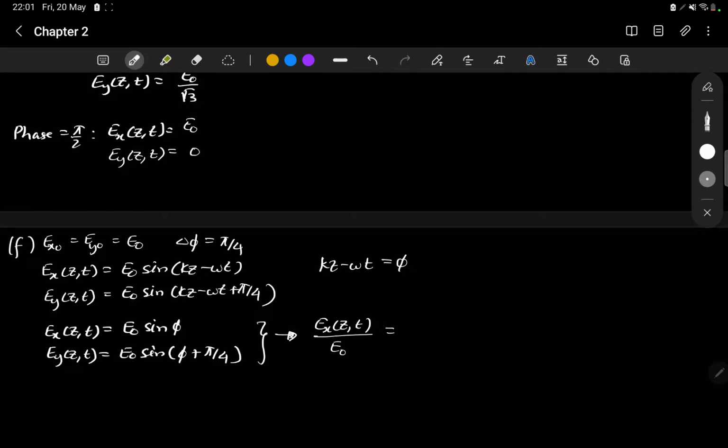Actually, let us consider the other equation. Let us say Ey over E naught is equal to sine phi cos pi by 4 plus cos phi sine pi by 4.